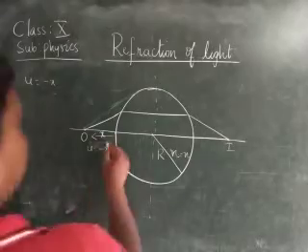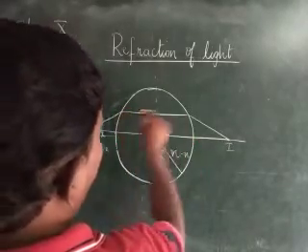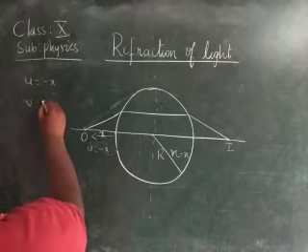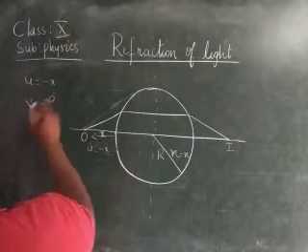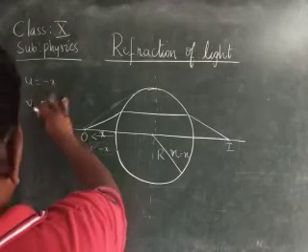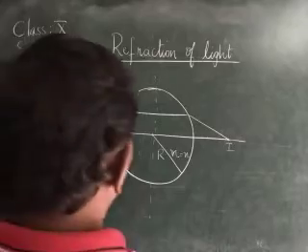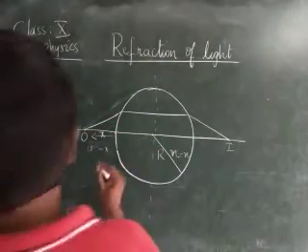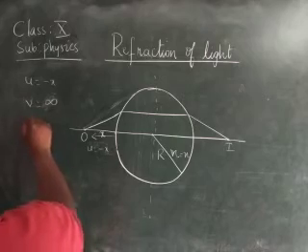The light is traveling parallel inside, and we don't know where the image is formed, therefore v is equal to infinity. Infinity means we don't know where the image is formed. Let us assume.